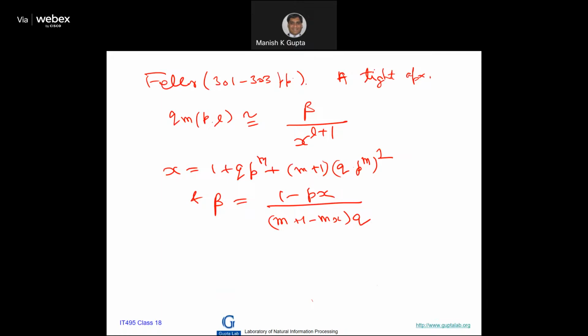So now this is given. What they have done, for practical purposes, is approximate further.